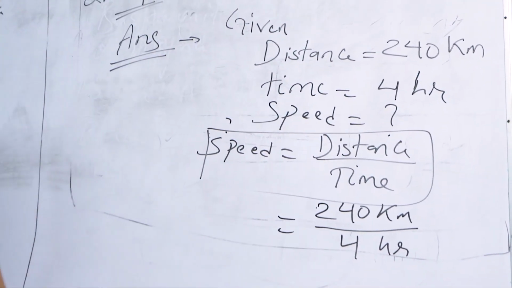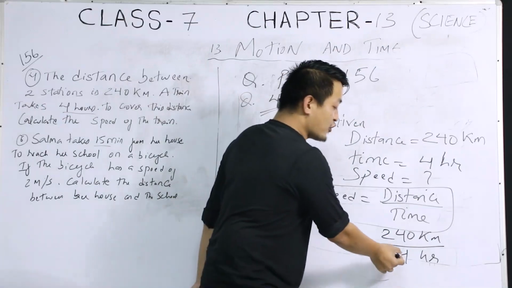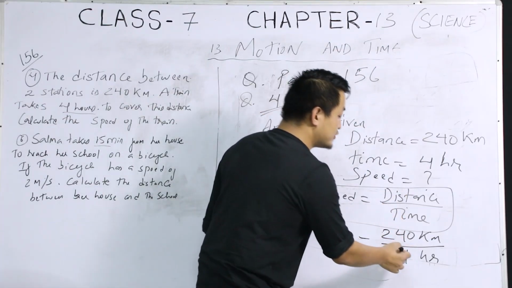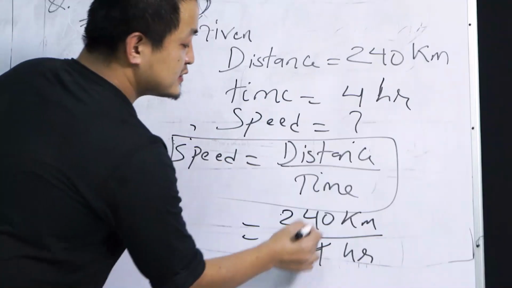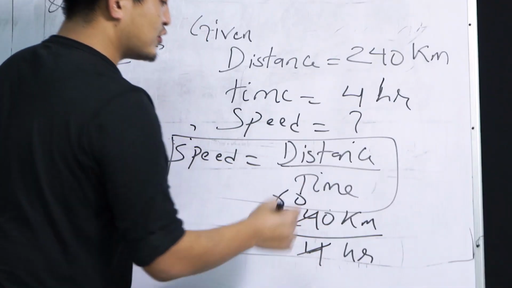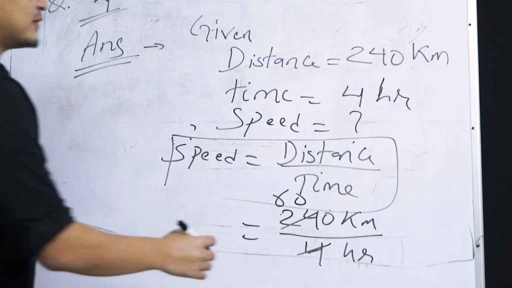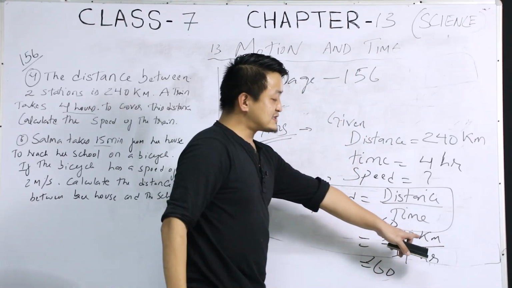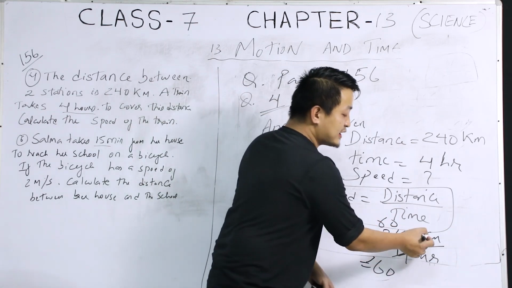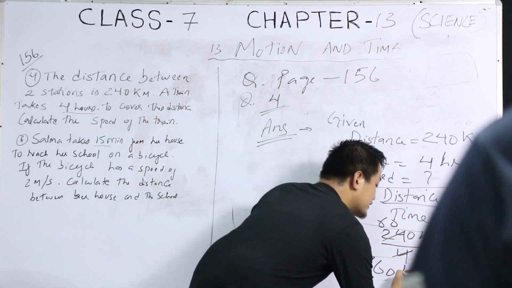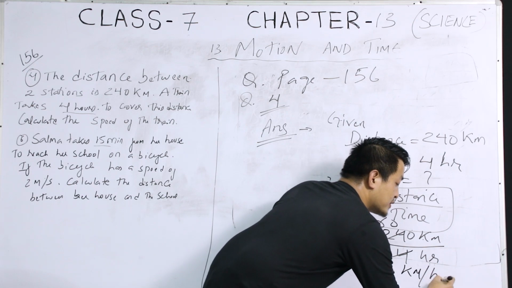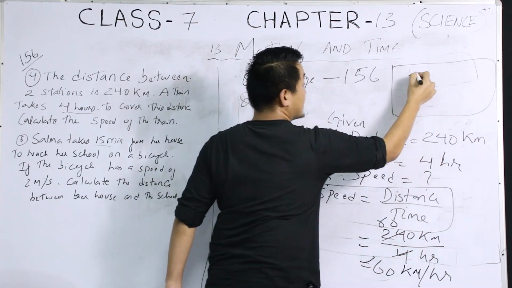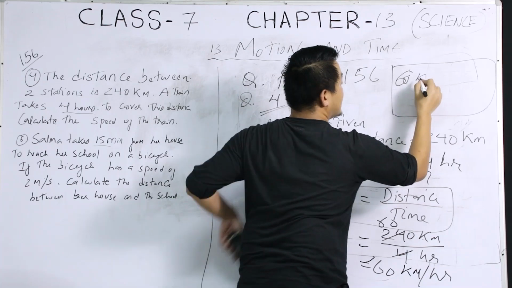If we divide 240 by 4, we get 60. So the answer we are getting is 60, and we have the unit, that is kilometer per hour. So the answer for number 4 is 60 kilometer per hour.